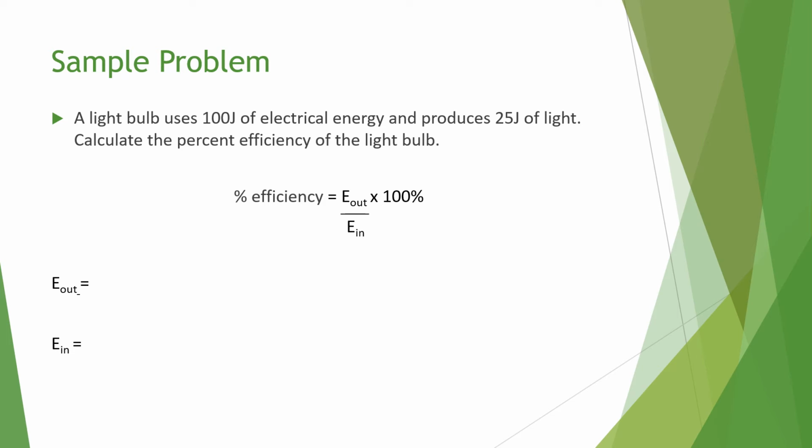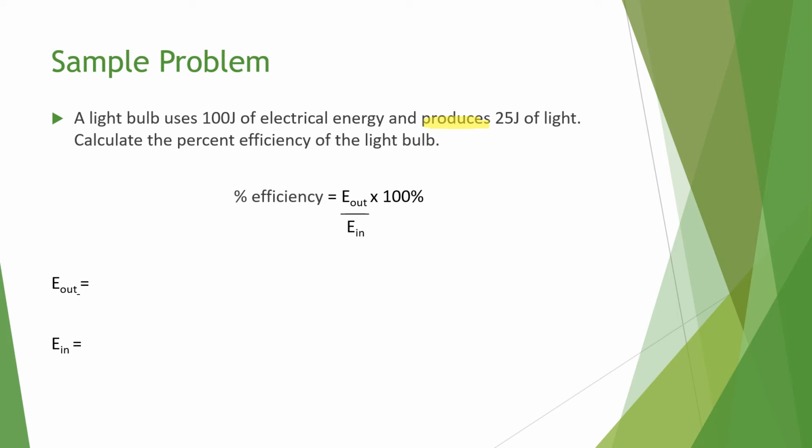Another way is when it says "produces." For me at least, that always helps me determine that when it says produces, that is the energy out. That's how much it's producing in the end. So it requires 100 joules of electrical energy in order to produce in the end 25 joules of light.